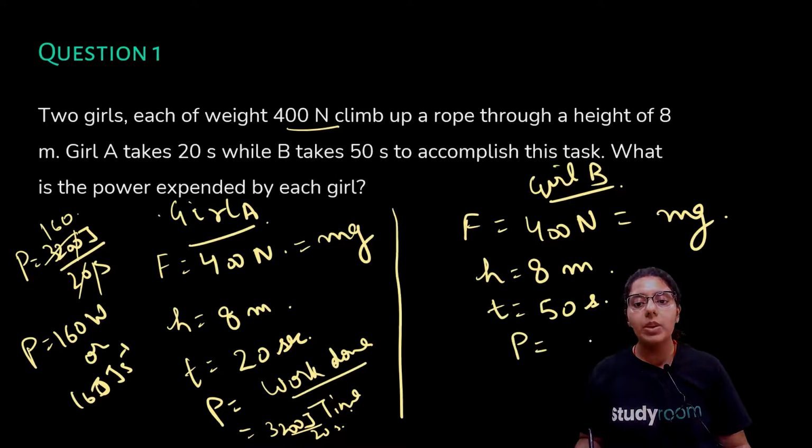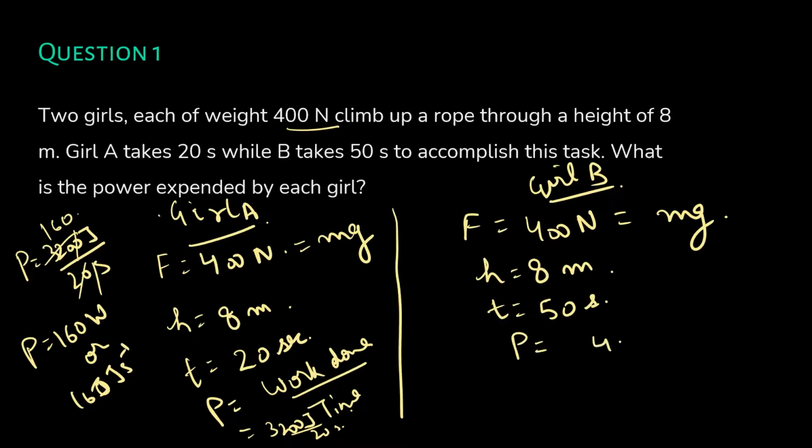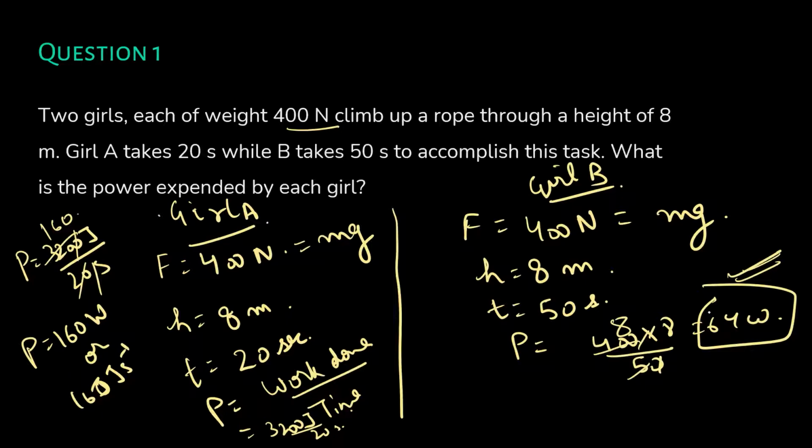Power is mgh upon time taken, 400 into 8 upon 50, that is 64 watt. So you see here the power for girl B is 64 watt and for girl A it is 160 watt. Since she takes more time, there is less power. She takes lesser time, so more power is expended.